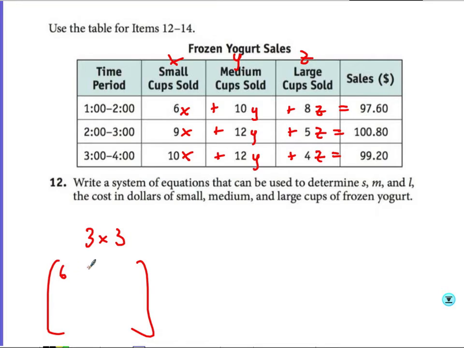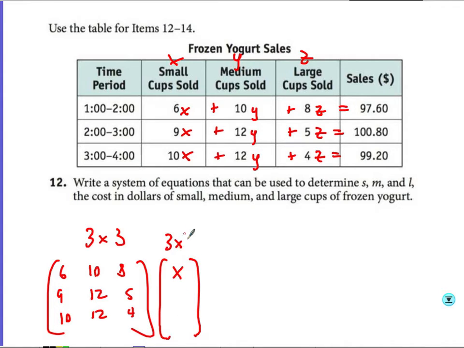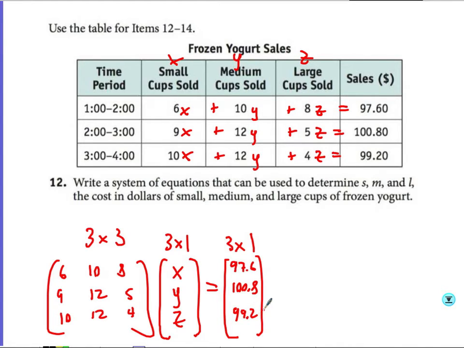So our entries are going to be lined up very nicely. 10, 12, and 4. Here is my 3 by 1 matrix now, so x, y, and z is equal to another 3 by 1 matrix, which is going to be 97.6, 100.8, and 99.2.